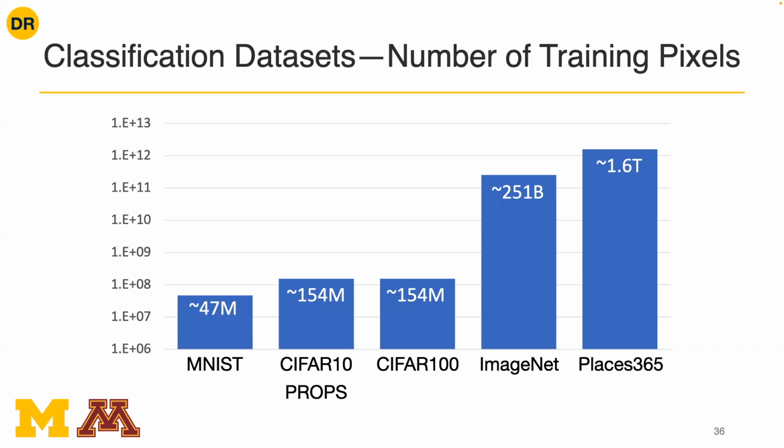That huge increase in available data for training is part of what makes ImageNet so much more commonly used in the literature for training these models. It gives a much more complex problem to solve, but also a much larger dataset to actually try and solve the problem with. And then finally, the Places dataset is yet another order of magnitude larger than ImageNet.